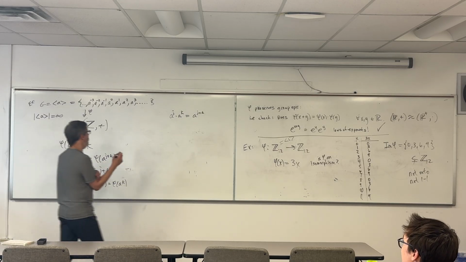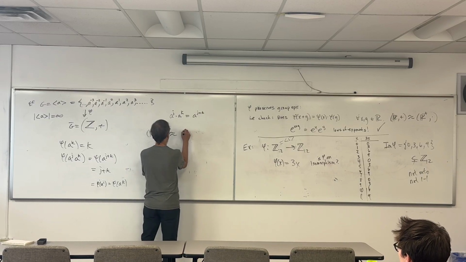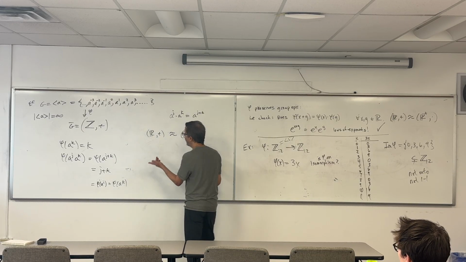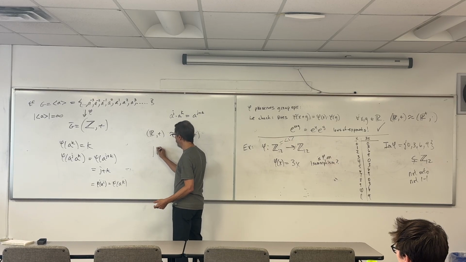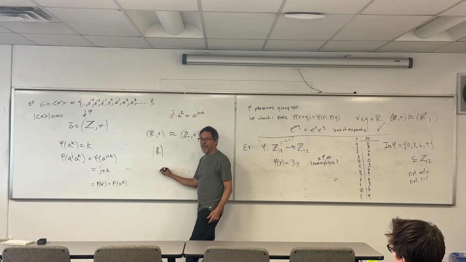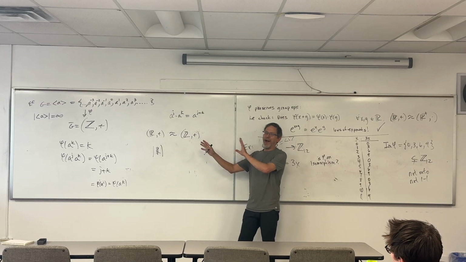Yes, so if we took R with plus, that can't be isomorphic to Z with plus, because the cardinality of the reals is uncountable, but the cardinality of the integers is countable. So they're woefully incomparable.